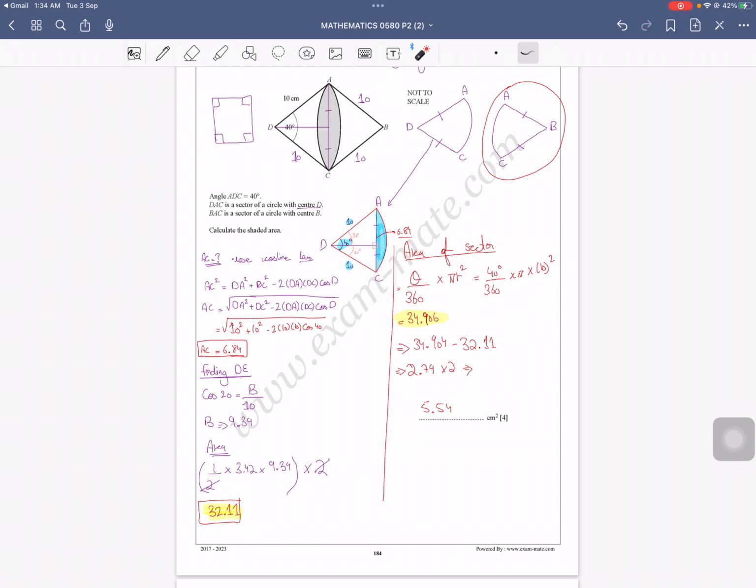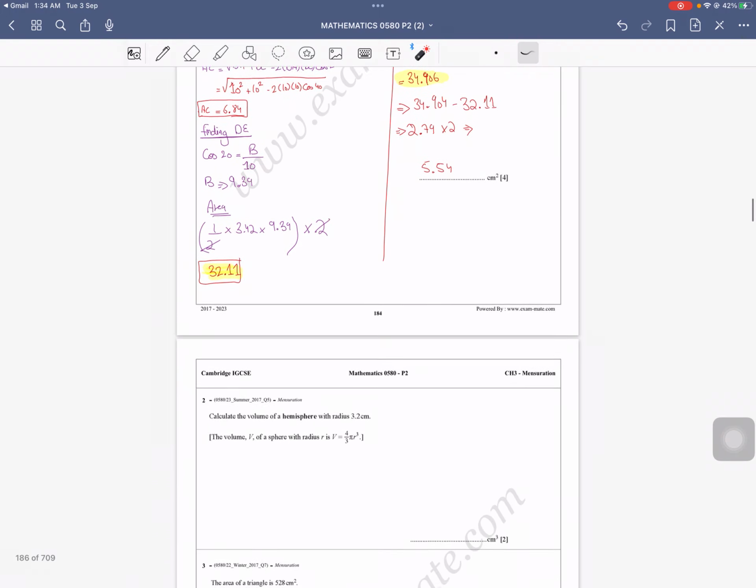Once you have the area of triangle, we find the area of sector using this formula over here, and we subtract the two. Now we have got an area of one shaded region, right, directly here. But because both the sectors have equal length and equal values, whatever this area is, this area has to be the same. So we simply multiply it by 2 and get our final answer.